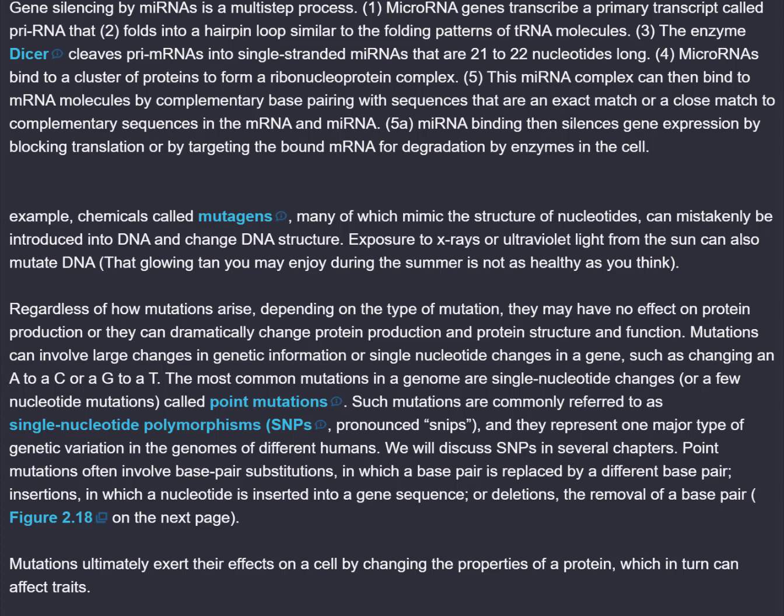MicroRNAs bind to a cluster of proteins to form a ribonucleoprotein complex. 5. This miRNA complex can then bind to mRNA molecules by complementary base pairing with sequences that are an exact match or a close match to complementary sequences in the miRNA and mRNA. 5a. miRNA binding then silences gene expression by blocking translation or by targeting the bound mRNA for degradation by enzymes in the cell.